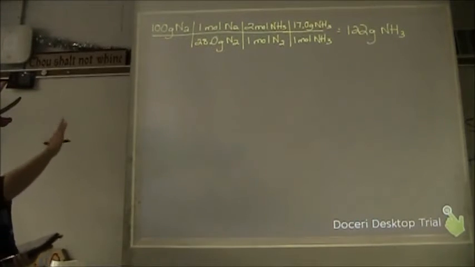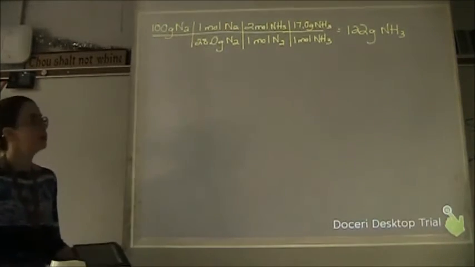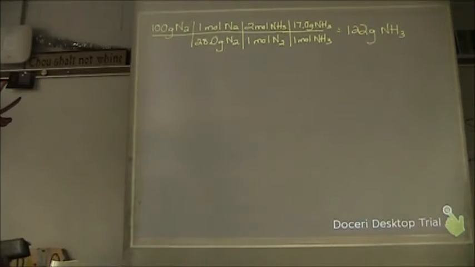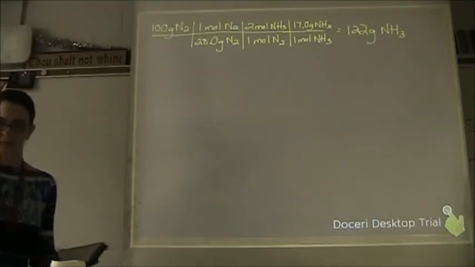If you got something close to that, depending on if you kept one decimal place or two, okay, but that's basically the answer. That is, I should say, that is one possible answer.